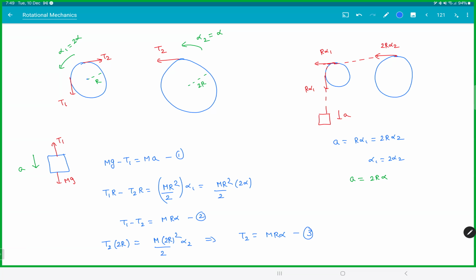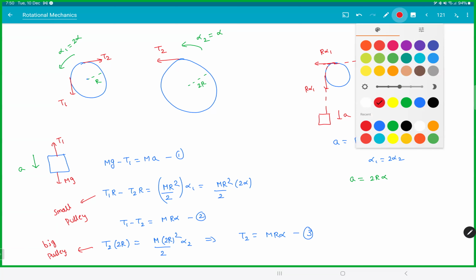Check your equations. Force equation, torque equation on the first pulley, torque equation on the second pulley. This is the equation for the small pulley. This is the torque equation for the big one. Once you got these, it's just a matter of solving now.